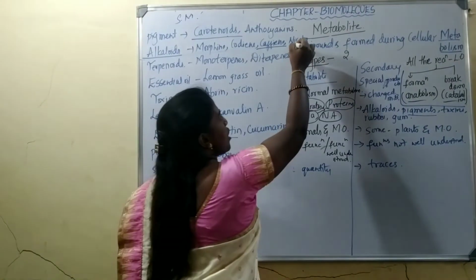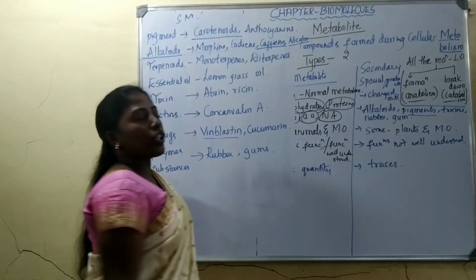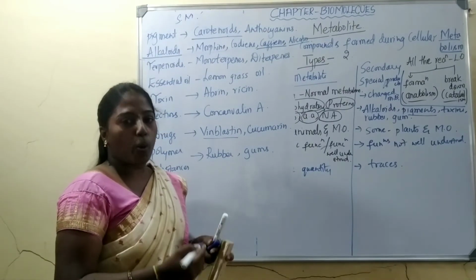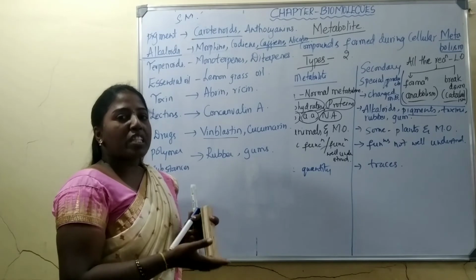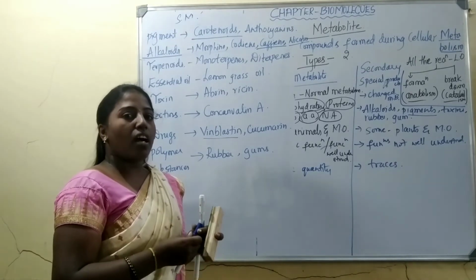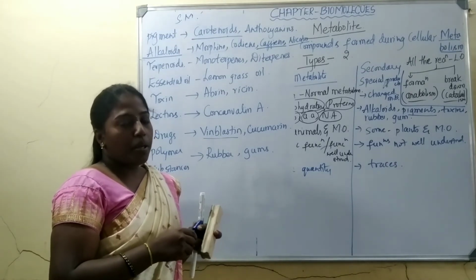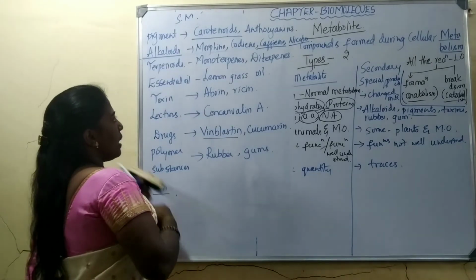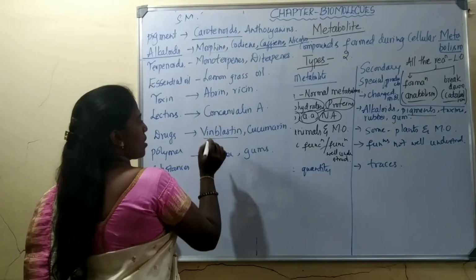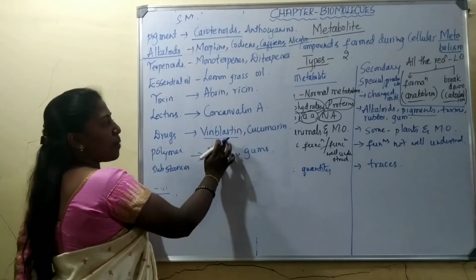The next one is nicotine. We know that nicotine is found in tobacco. In the tobacco plant, some scientists believe that it acts as an insect repellent, but it is not clearly understood. Then you can take the example of drugs like vinblastine.